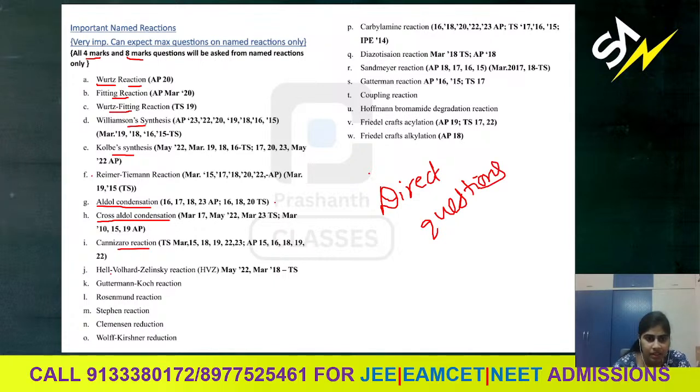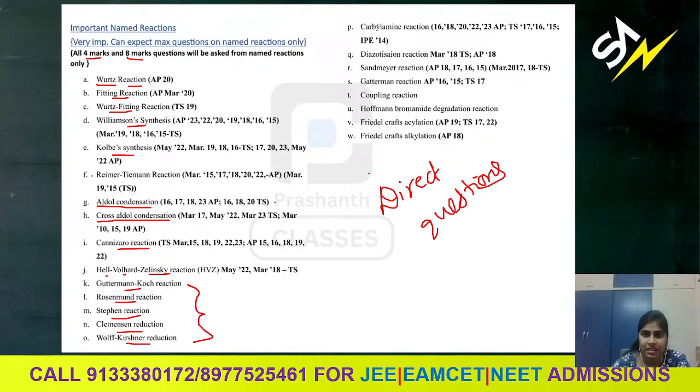And we have the Hell-Volhard-Zelinsky reaction. Next we have the smaller type of reactions: Gattermann-Koch reaction, Rosenmund reaction, Stephen reaction, Clemmensen reduction, Wolff-Kishner reduction. These don't require mechanisms, they simply require the products. The remaining questions require mechanisms.